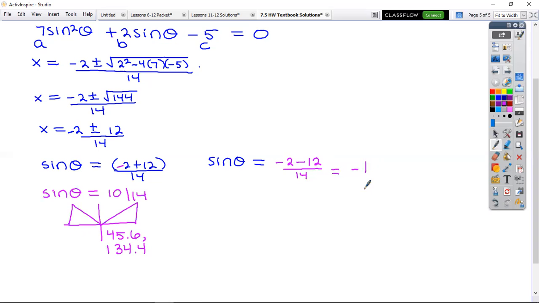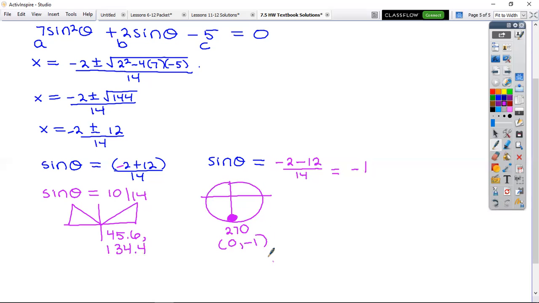Which is still unit circle, but where is it going to be instead? Where's our y value? -1. Yeah, 270. There we go. This is 270, which is your ordered pair 0, -1.